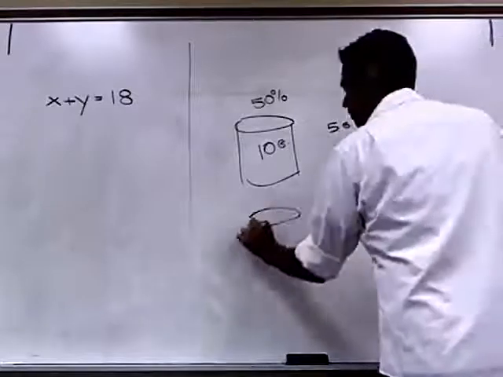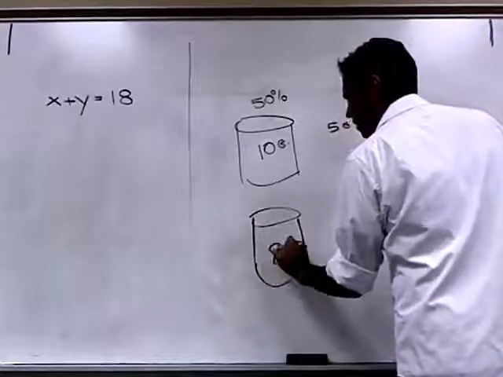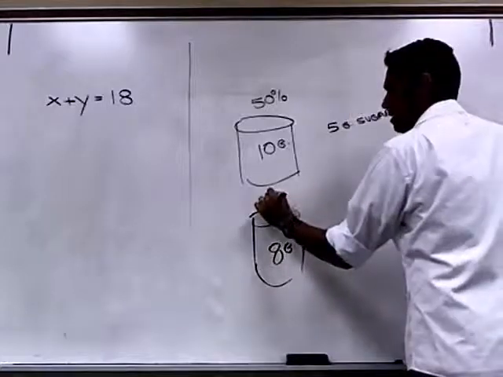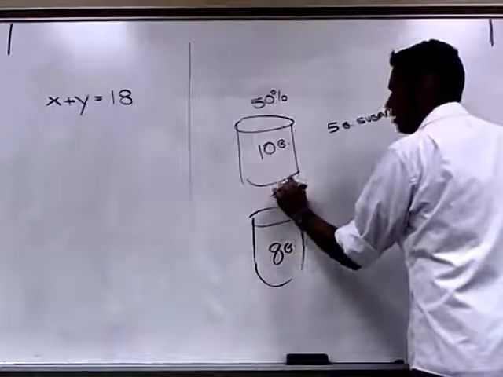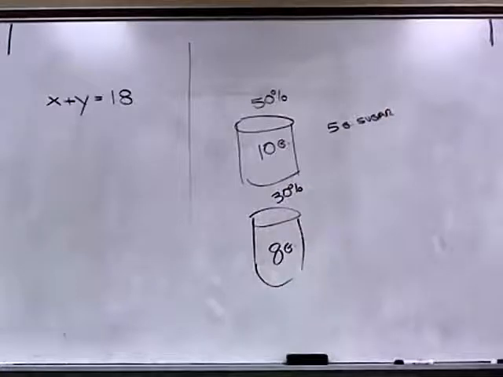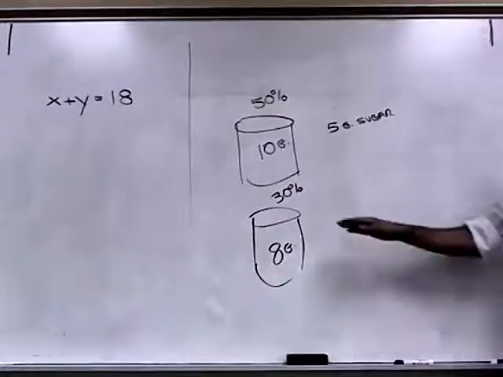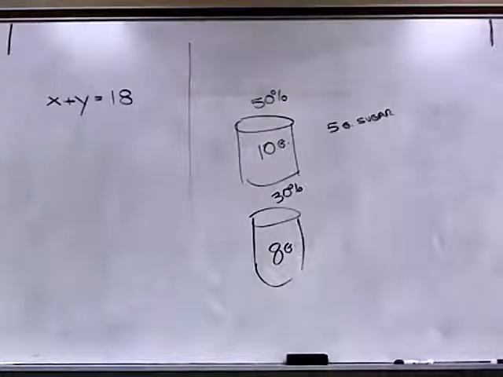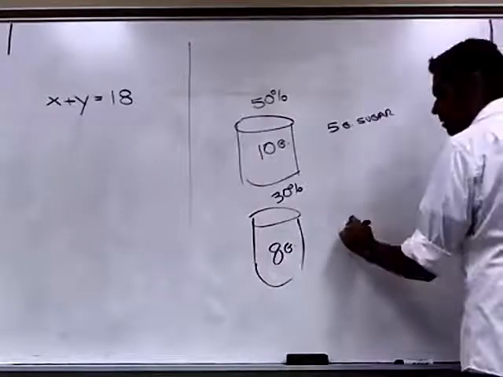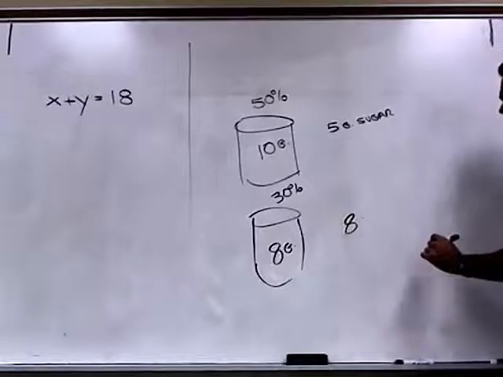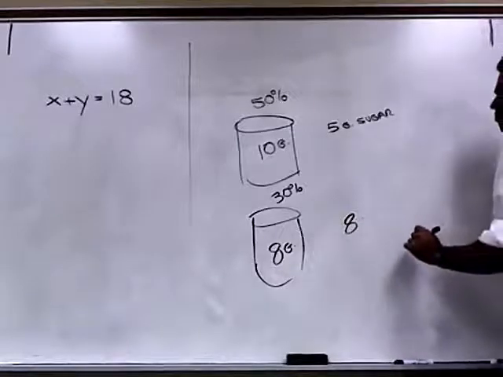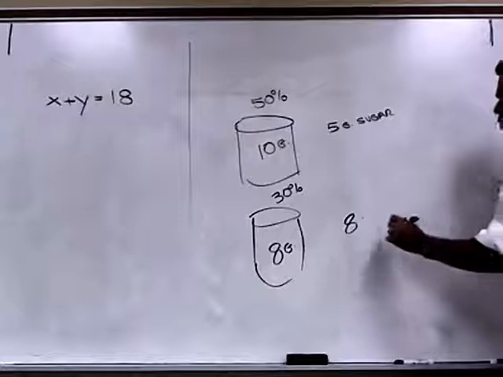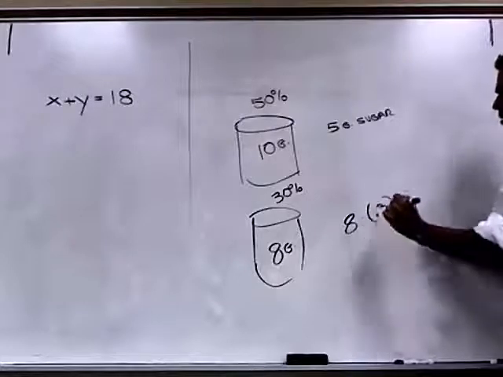What if I had 8 gallons and I told you that that was a 30% mixture? How much sugar would be there? So here's 8 gallons of this mixture, 30% of it is sugar. How would you figure that out? You do 8 times what? 0.3. 0.3 is 30%, right?